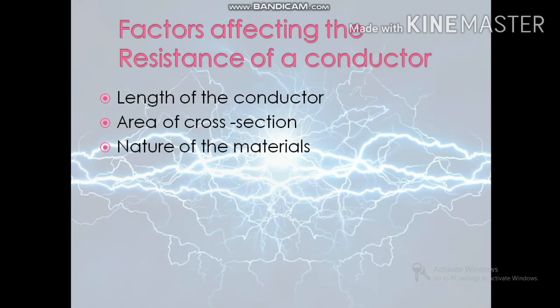For example, if we take two similar wires having equal length and diameter, one of copper and another of nichrome alloy, we will find that the resistance of the nichrome wire is about 60 times more than that of the copper wire. So it shows that the resistance of a conductor depends on the nature of the material of the conductor.